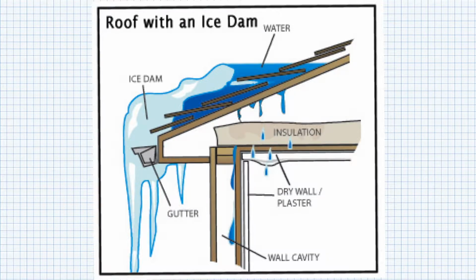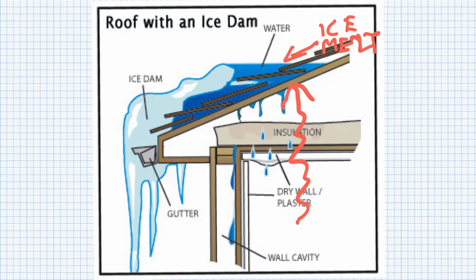Another concern with insulation is something that happens in cold climates. In cold climates, we get what's called ice dams. During the winter time, as temperatures are below freezing, the warmth of the building rises. Now, if the insulation in the attic is insufficient, then this is going to cause the ice to melt here on the roof.